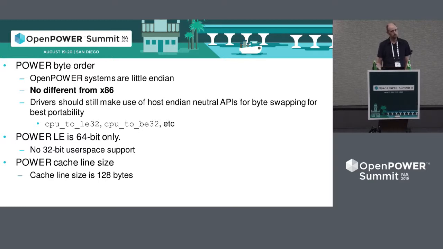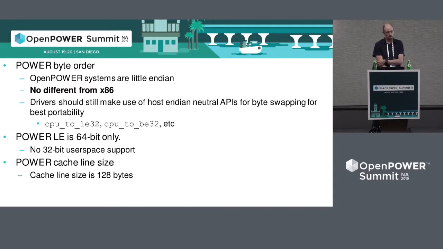This reduces one of the barriers to portability. That said, obviously, if you're writing a driver from scratch, there are macros to make sure that the drivers are portable. So just continue to use the byte swapping APIs.